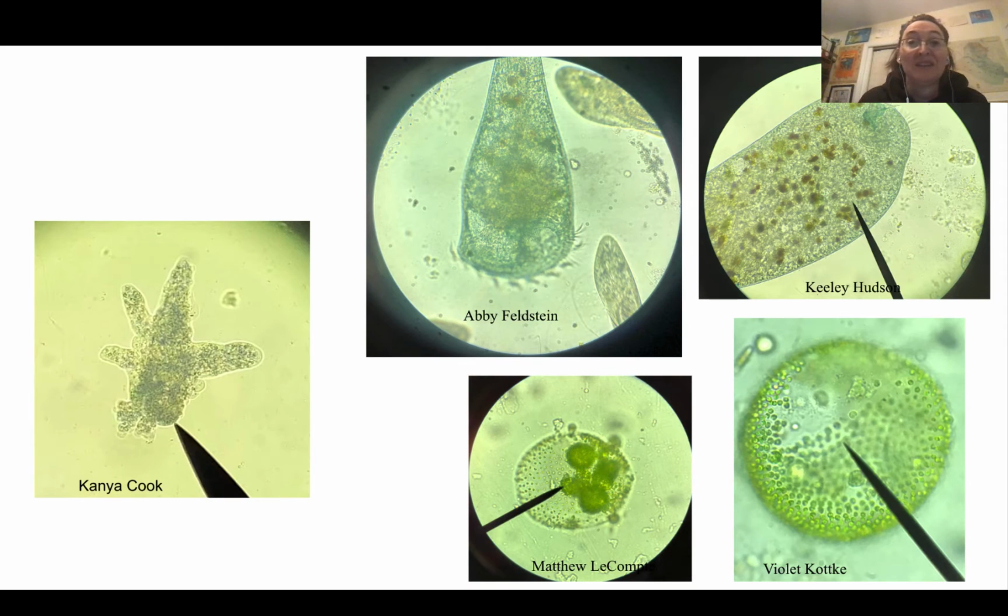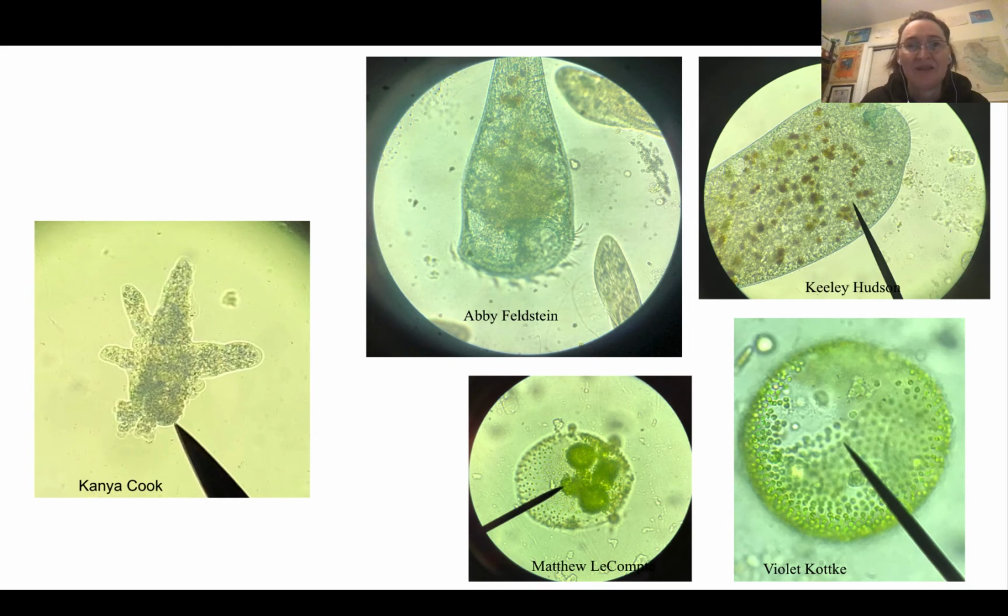Now then, y'all took some amazing pictures and did some amazing inquiry with the protists. I just lifted a few that I thought were especially notable here, where you really were able to employ excellent microscopy and get some great images.